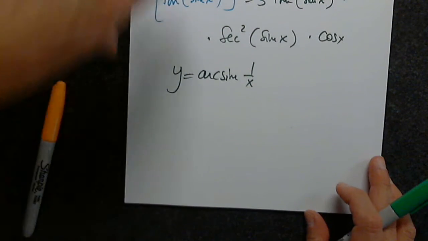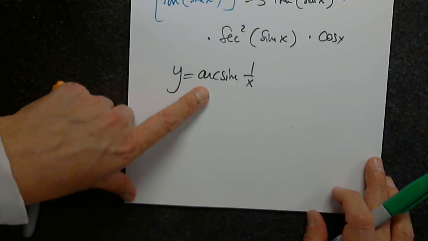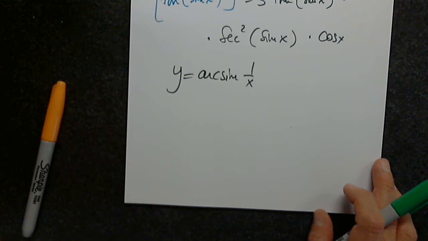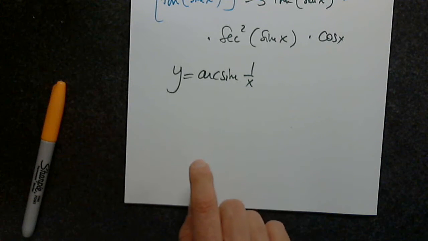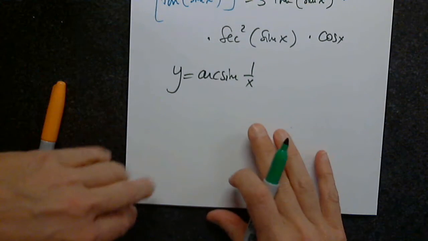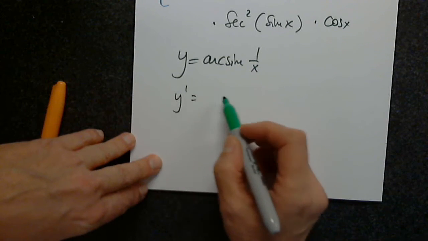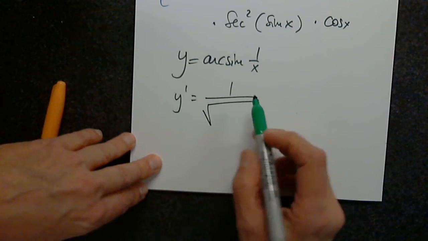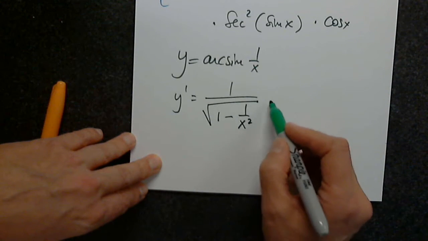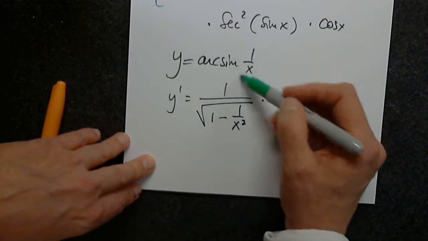So remember, for the inverse trig functions, we only emphasized 3 of those, right? So arc sine prime is 1 over the square root of 1 minus this squared, so 1 over x squared, times the inner function prime.